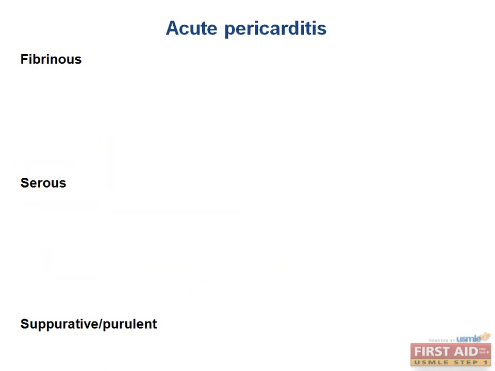Now, on the other hand, fibrinous pericarditis is caused, classically, by the post-infarction immune response of Dressler syndrome. Remember, this is when cardiac antigens are processed by our immune cells, and then they respond with an autoimmune attack due to generation of antibodies against cardiac antigens.